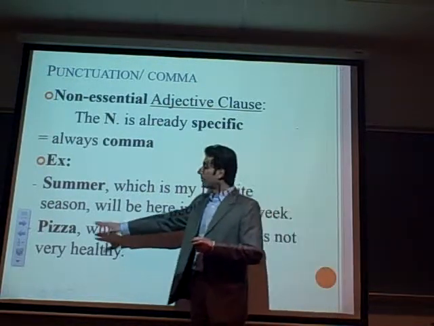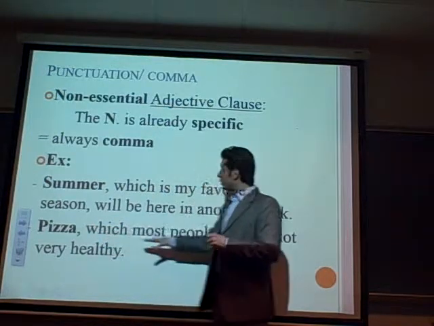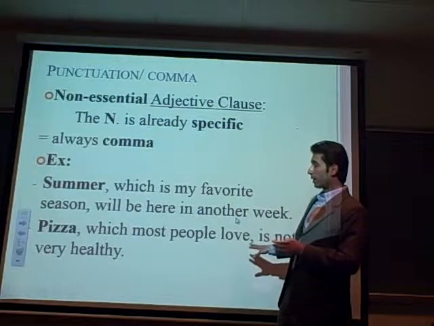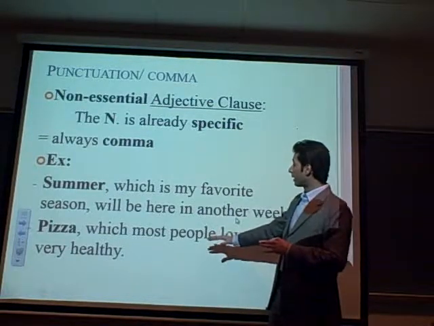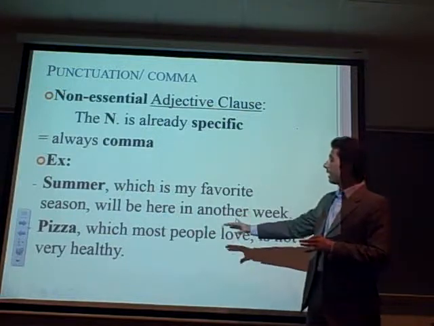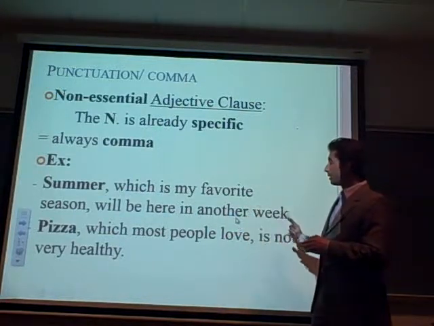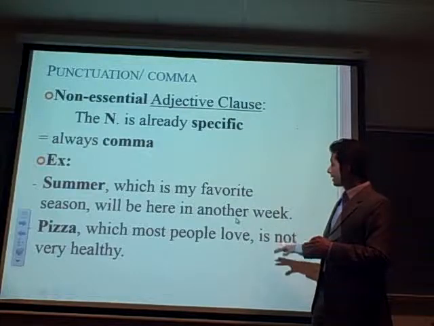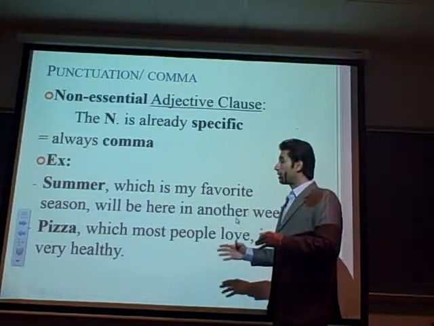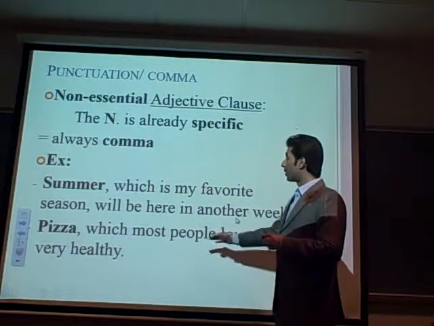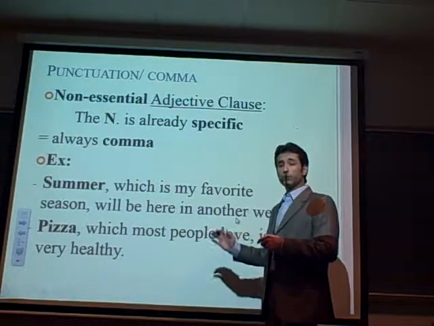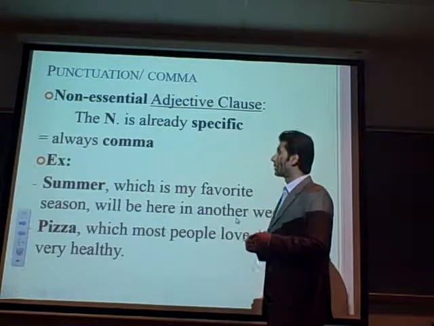The same here, pizza, which most people love, is not very healthy. So the same thing. We know pizza, and if we take the adjective clause away from this sentence, pizza is not very healthy. We still understand the meaning of the sentence. So it's extra information we can get rid of, and we have a meaningful sentence.